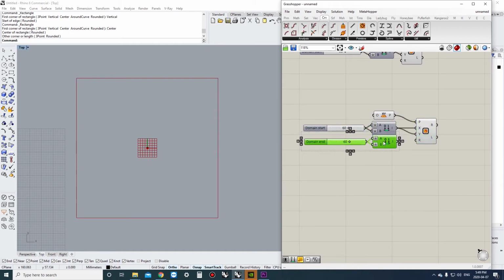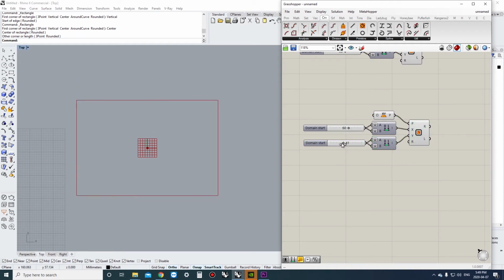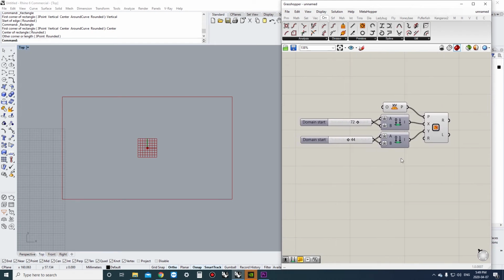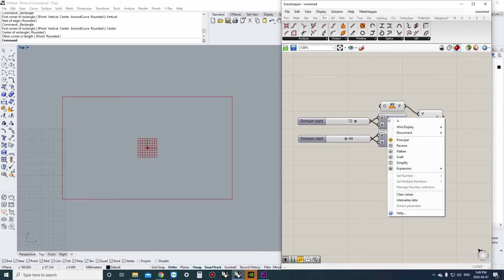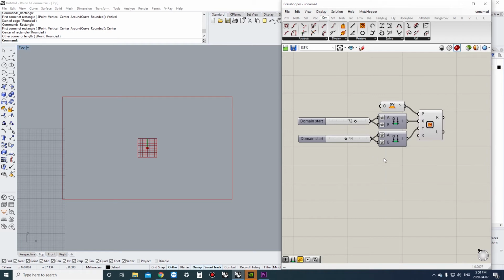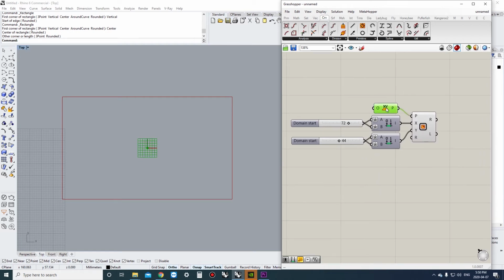We would just duplicate these components and plug that in there. Now the dimensions are following the x and the y. So this is usually the simplest way to make a rectangle. We're just using the expressions to minimize the number of components on the canvas and keep it clean.